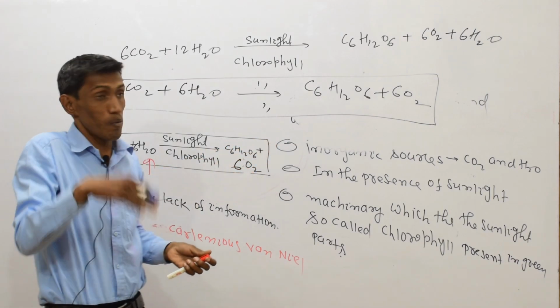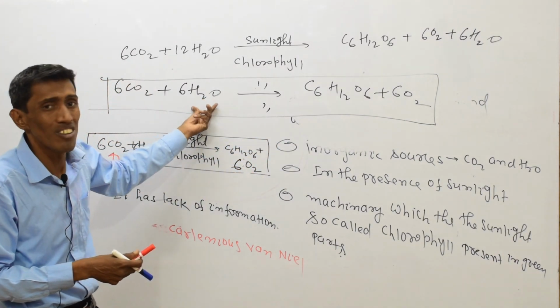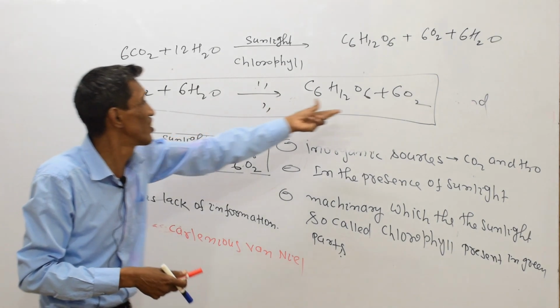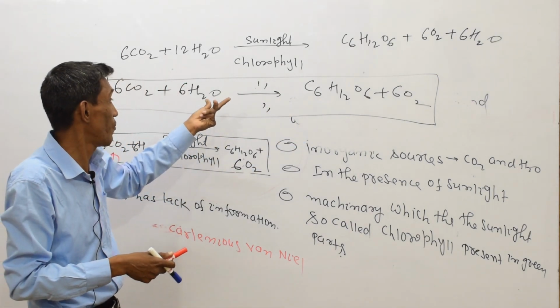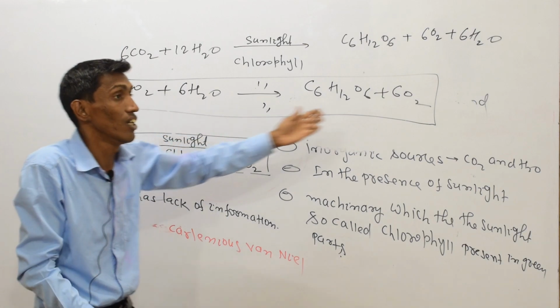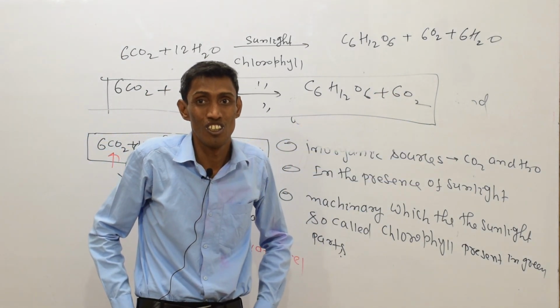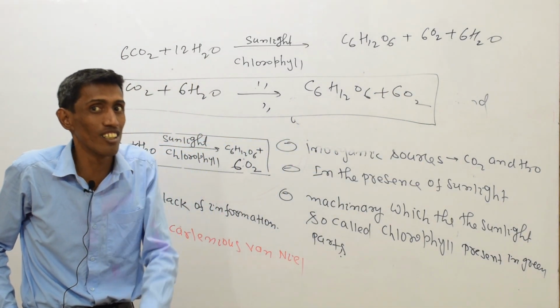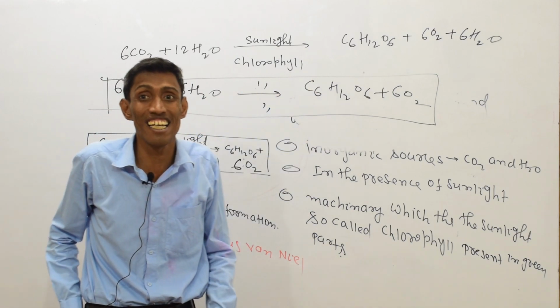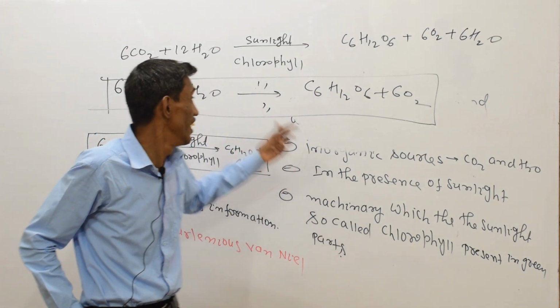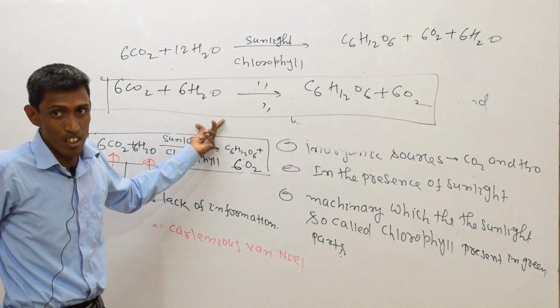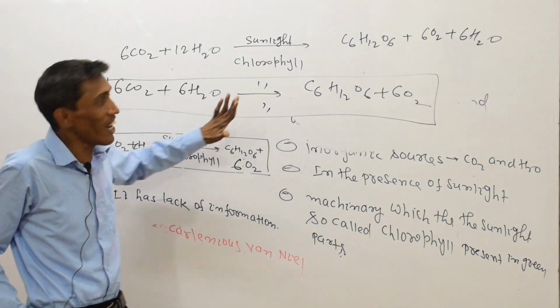But it is experimentally verified that oxygen comes from the water, and if it is coming from water then it is 6 oxygen, and you are getting 12 here. So there are two pieces of information lacking in this equation. But for class 6 and 7 it is valid.